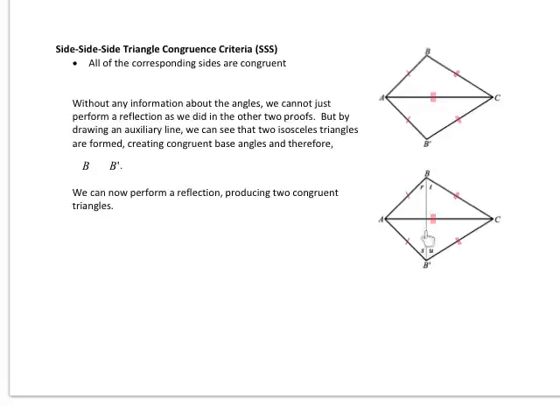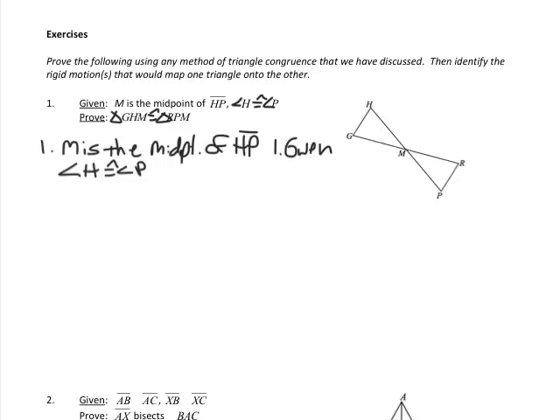Once these angles match, if you reflect, that's enough to say that B is going to map to B prime. So I have another triangle congruence, side-side-side. Getting three sides congruent is sufficient to prove that the triangles are congruent.